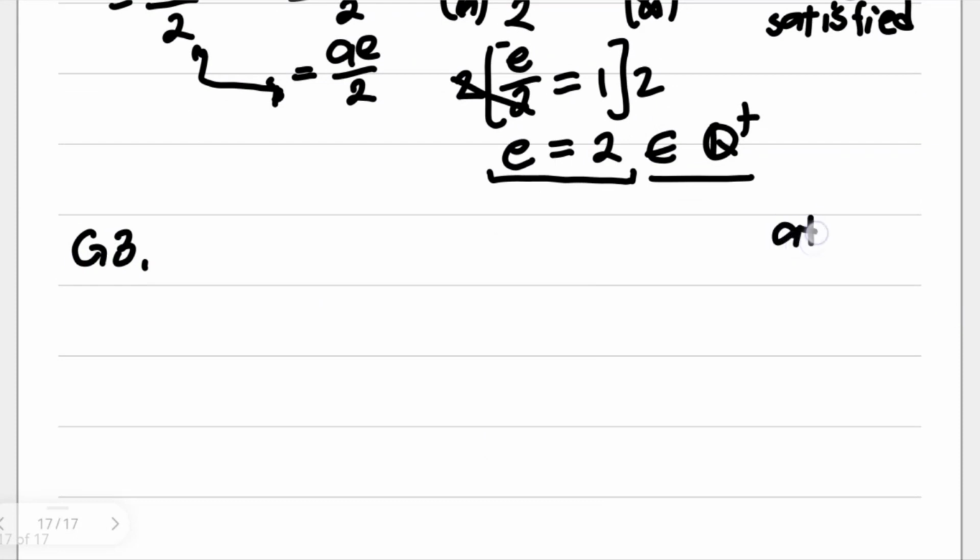Take note again that the operation A star B is equal to AB over 2. So what is G3?